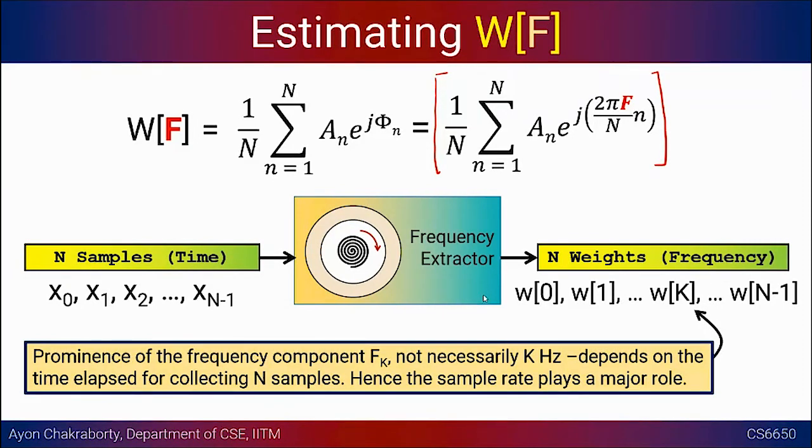Let's say in this case fk, right? And this is not necessarily k hertz, right? We have to see that it could be mapped to a certain value, right? Which is k hertz if your time is 1 second, right? If all the n samples have been collected within 1 second, then yes.